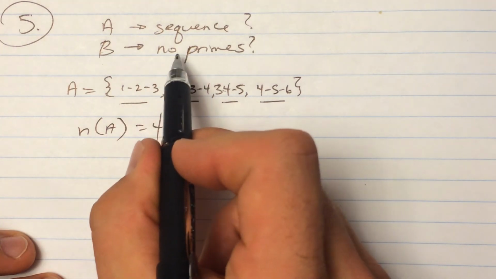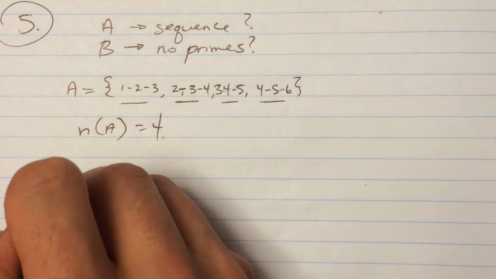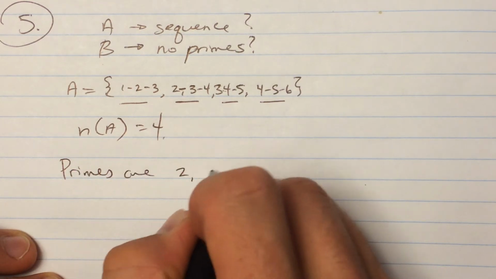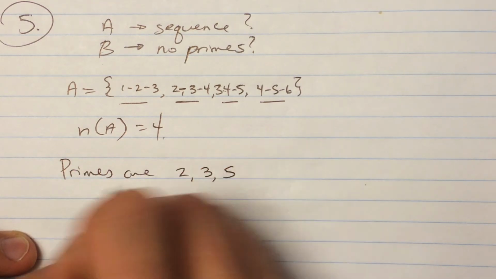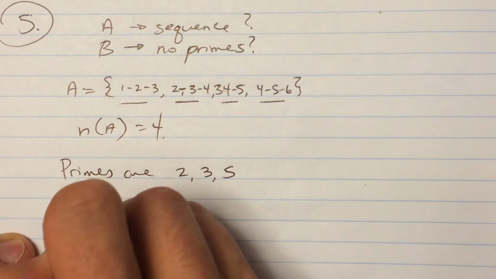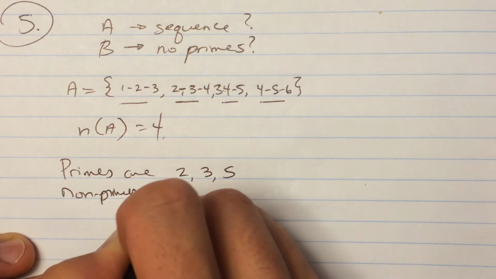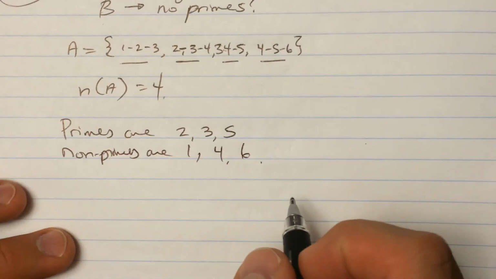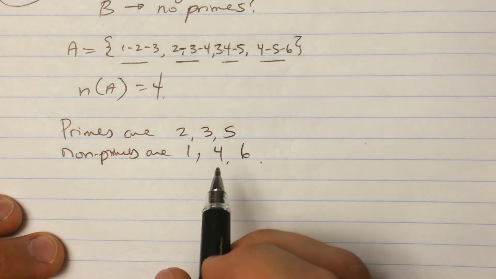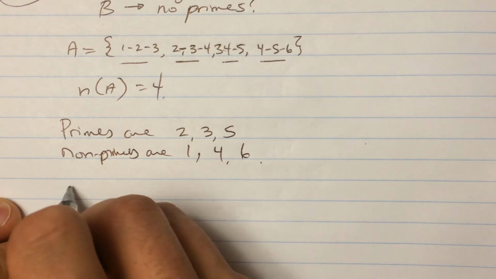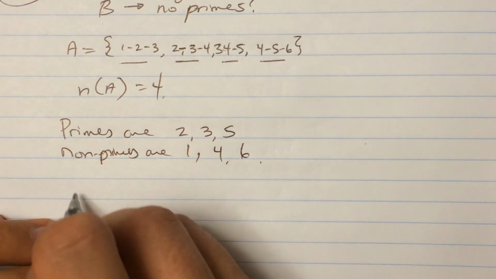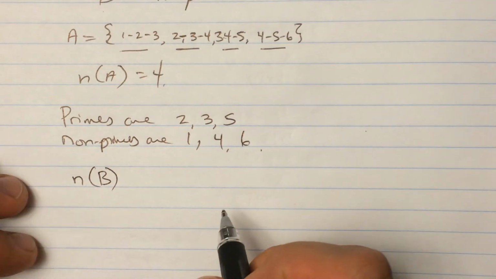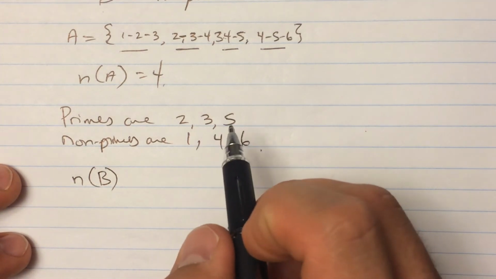So let's look at B, not having any primes. Well, the primes are 2, 3, and 5. So the non-primes are 1, 4, and 6. So if I'm going to roll a die 3 times in a row, there are 3 ways to get the first value, 3 ways to get the second value, and 3 ways to get the third that are none of them primes.